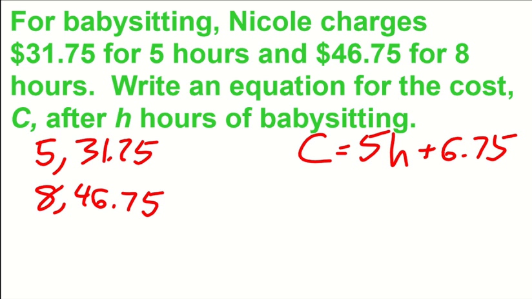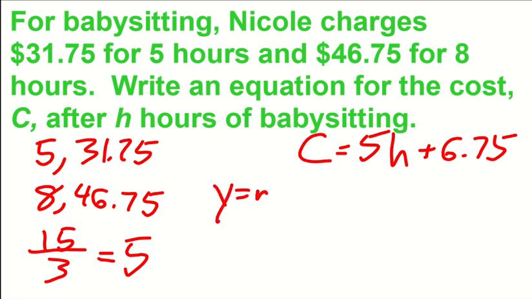So we do change in Y over change in X. From $31.75 to $46.75, the Y value is going up by 15. From 5 to 8, X value is going up 3. That makes our slope 15 divided by 3, or 5. Then to get our y-intercept, we got y equals mx plus b.